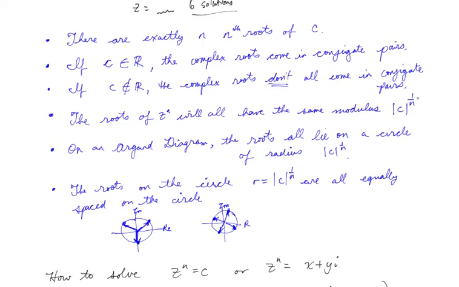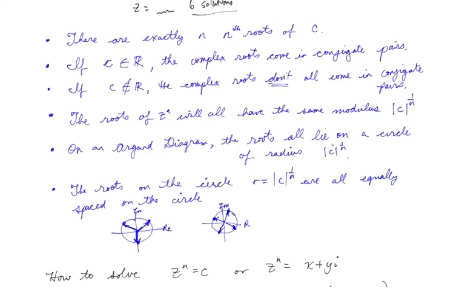And this is really due to De Moivre's theorem. This part right here is part of De Moivre's theorem. We'll look at why that happens in a little bit, but you can write that down for now. On an Argand diagram, the roots will all lie on a circle with the radius of modulus c raised to the 1 over n power.